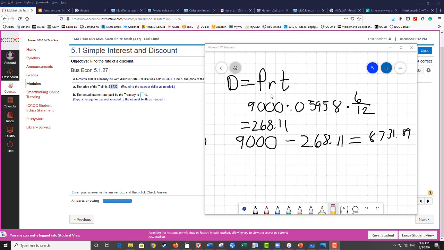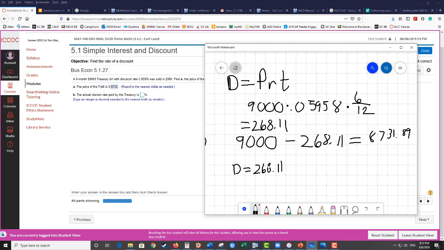So to do this, we're actually solving for R in this formula. The D here is the discount that we figured in the previous problem. So from the previous problem, we see that D, the discount, is $268.11.